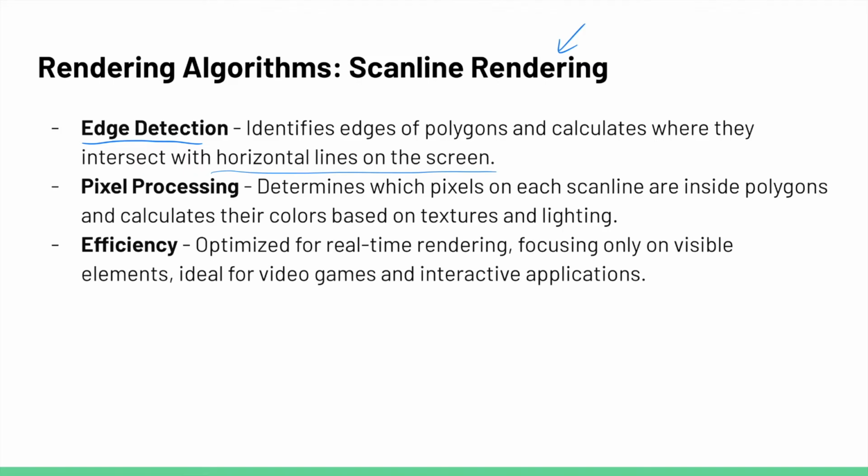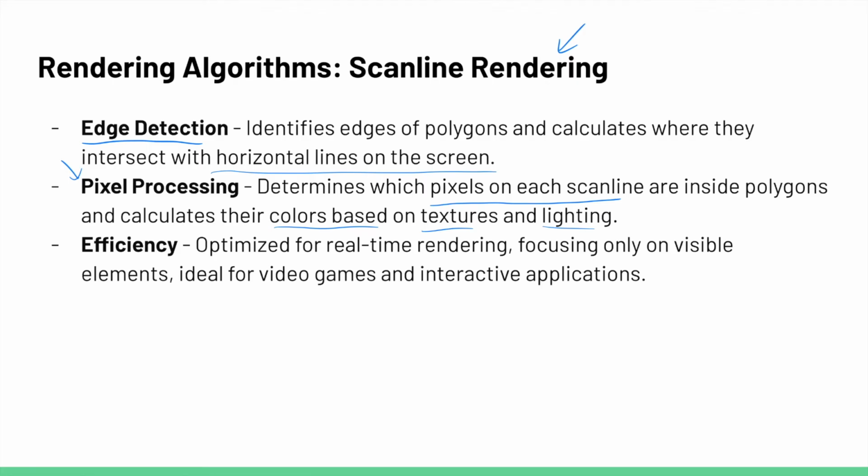Now, an additional part of Scanline rendering is pixel processing. In pixel processing, we determine which pixels on each scanline are inside 3D objects and which are not. And we're going to calculate the colors of these pixels based on additional data on textures and lighting. Together, these compose the Scanline rendering process.